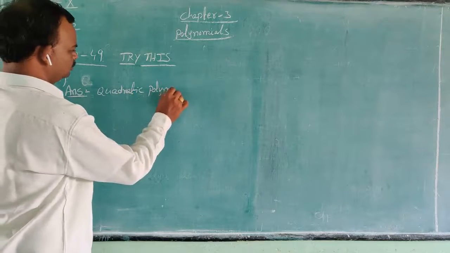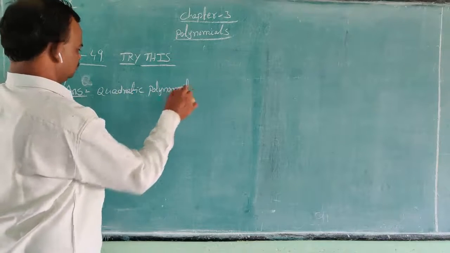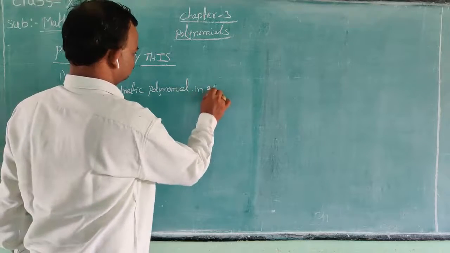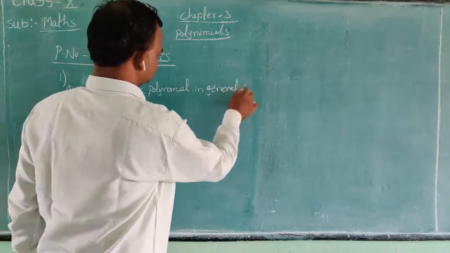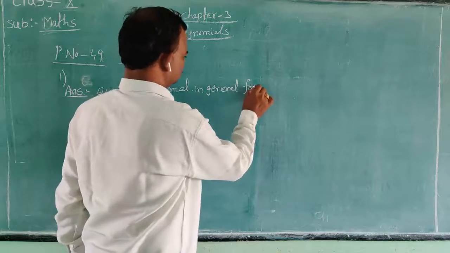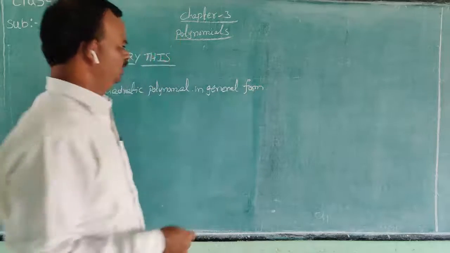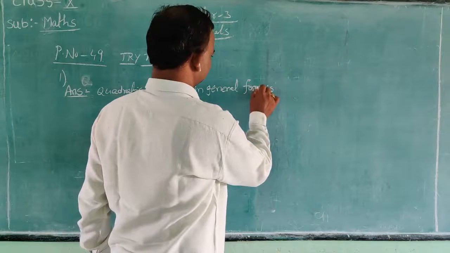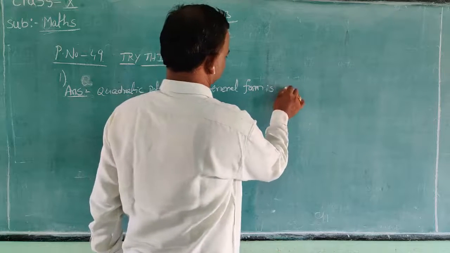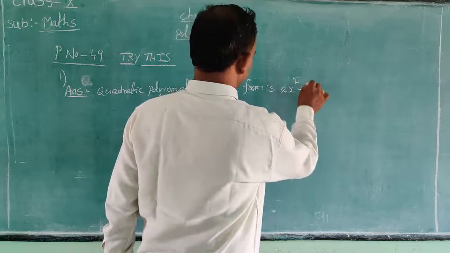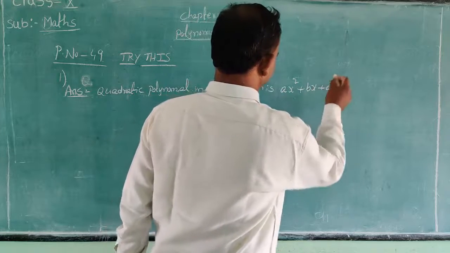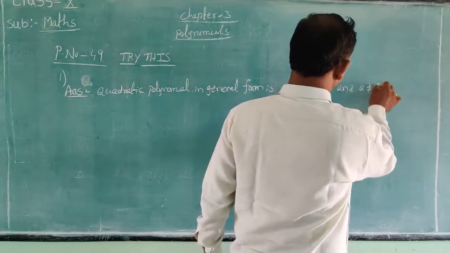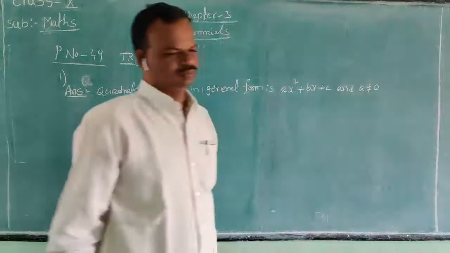Polynomial general form is ax square plus bx plus c and a not equal to 0.